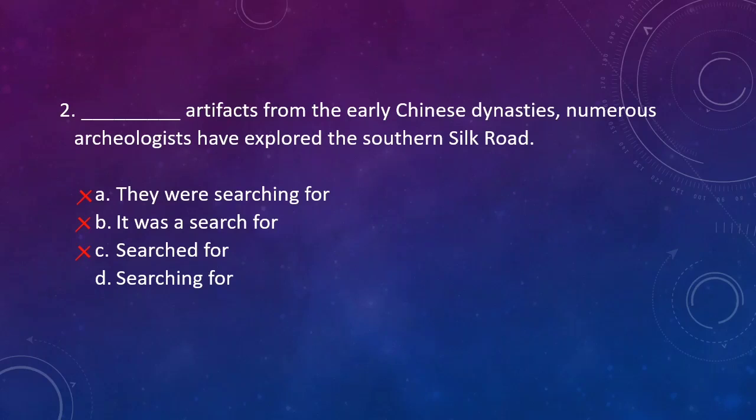D. Searching for. The correct answer, because the reduced adjective clause is for an active form. So, the verb should be in the form of verb ing. The complete sentence is, searching for artifacts from the early Chinese dynasties, numerous archaeologists have explored the southern Silk Road.